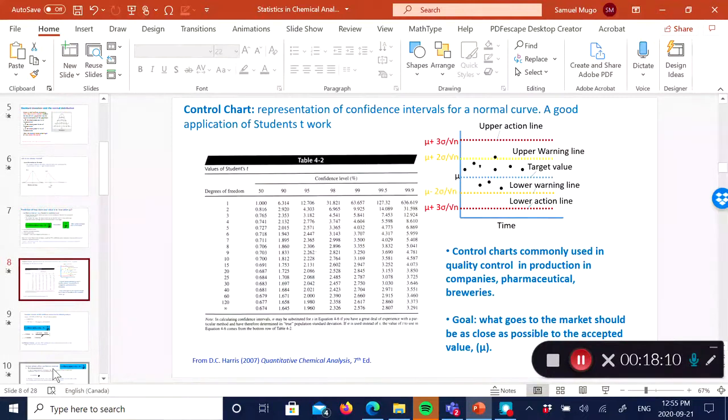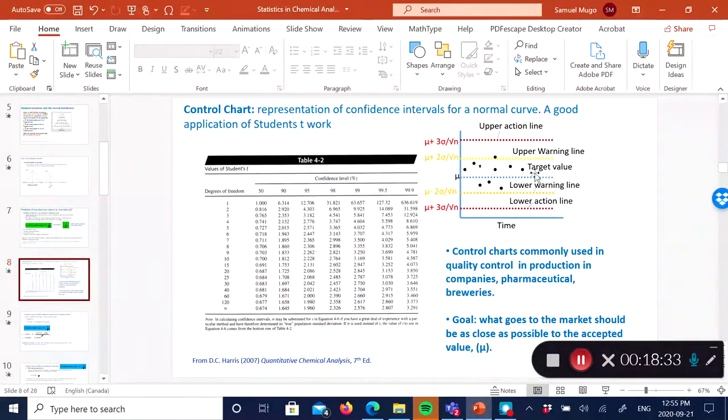In fact, in the industry, if you end up in a manufacturing industry, you're going to use it in the form of a control chart. And so you've got a situation like this, where you've got the true value, and your data set should be very, very close to an experimentally determined value.